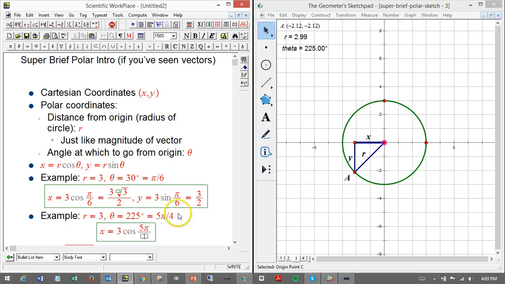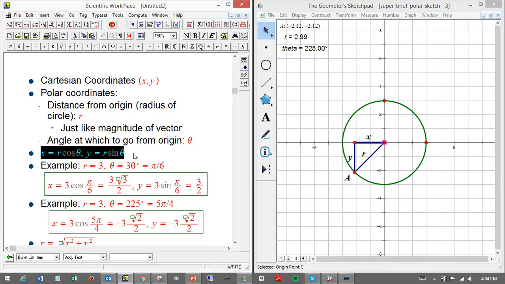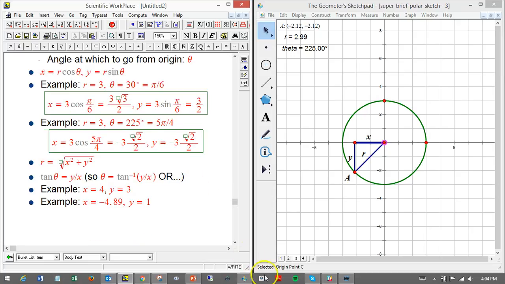I'll do radians because in this section they do more radians. And that's minus 3 root 2 over 2. Cosine pi over 4 is a minus root 2 over 2. And y is going to be, same deal, minus 3 root 2 over 2. Turns out to be about minus 2.12 for each of them. So again, the main point is x equals r cosine theta, y equals r sine theta always works in any quadrant. Now what about going backwards?